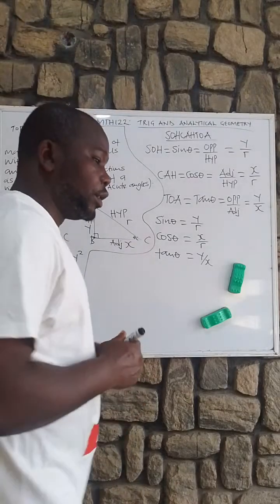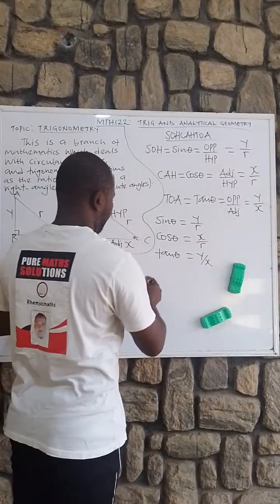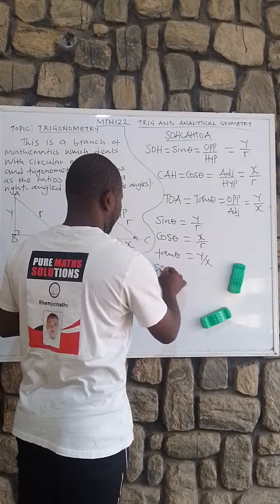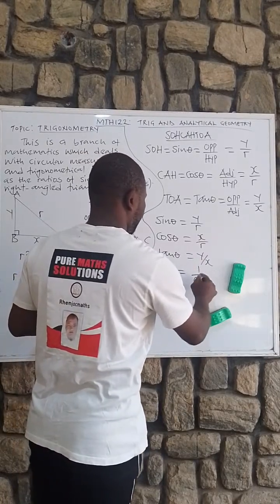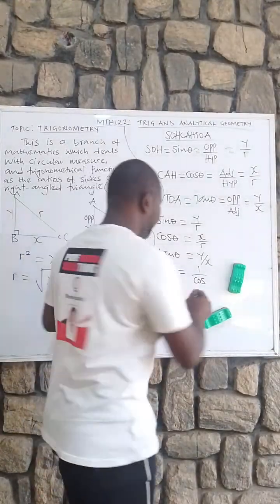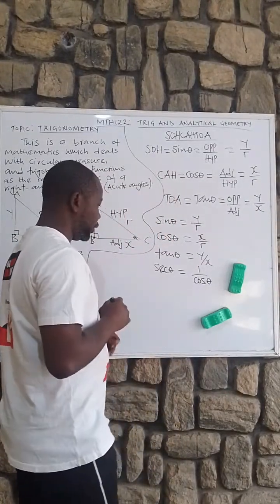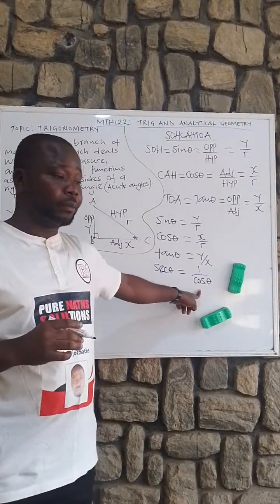Okay. So let us take note that sec theta is equal to 1 all over cos theta. Then let us just take note of all these things. Is that clear?